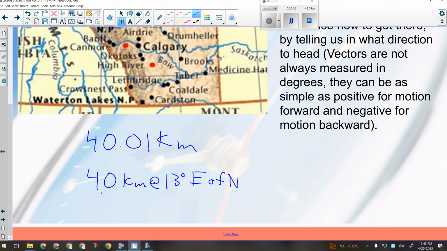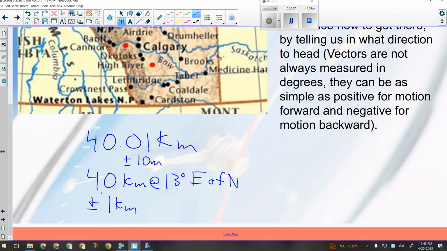This is accurate to plus or minus 1 kilometer. According to that measurement, Calgary is somewhere between 39 and 41 kilometers from here at 13 degrees east of north. According to this measurement, this is plus or minus 10 meters.